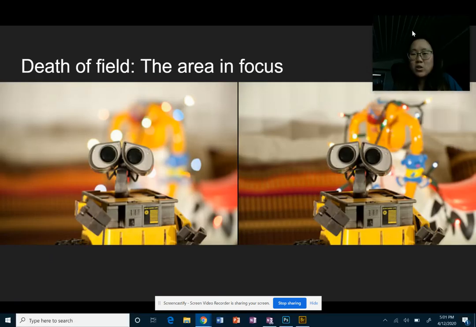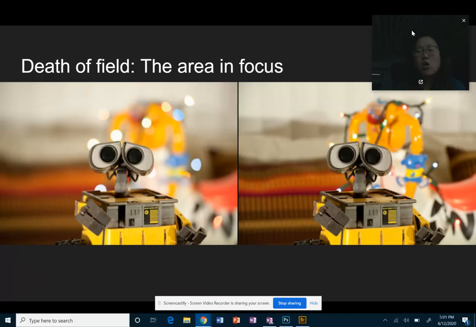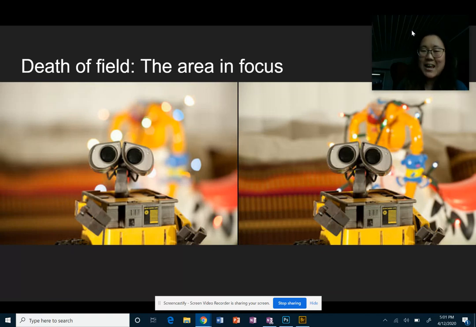So when we are looking at this, that f-stop and that aperture also controls the depth of field, which is really important. That depth of field is the area that is or is not in focus. So when you're taking a look at these two pictures, this lovely picture of Wall-E, if you notice, this thing in the background is pretty blurred out in comparison to this.